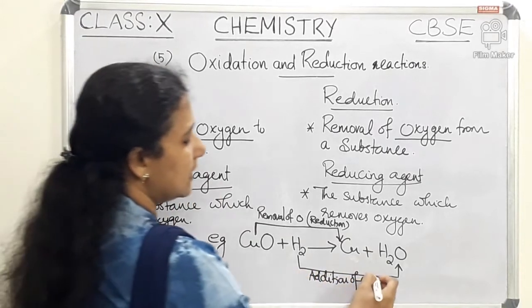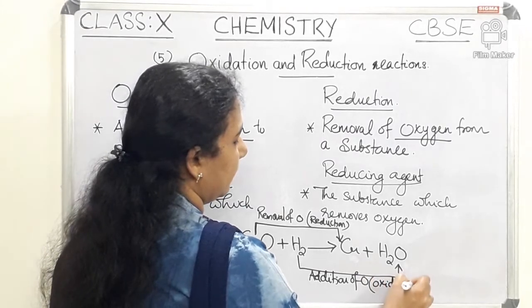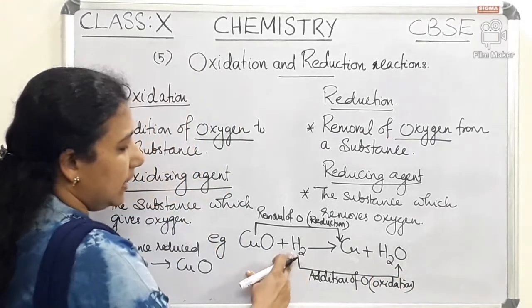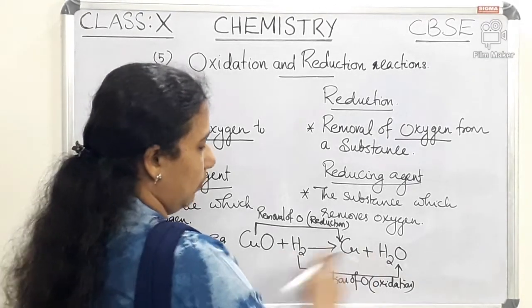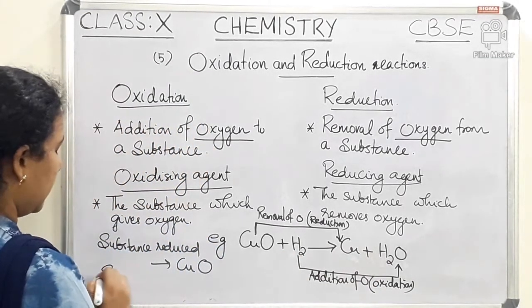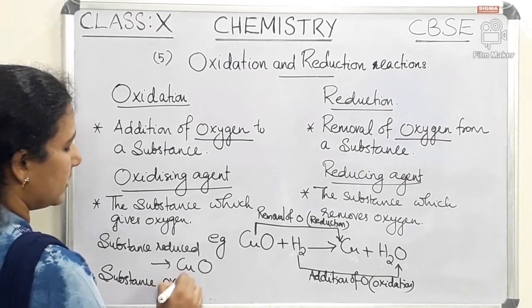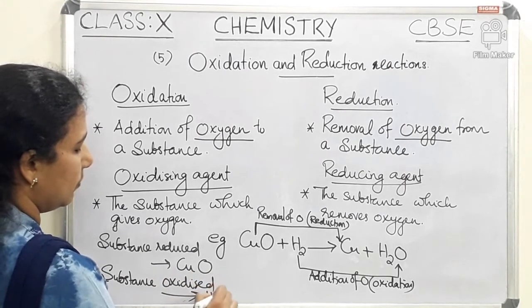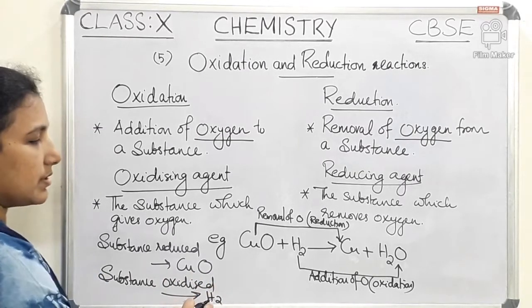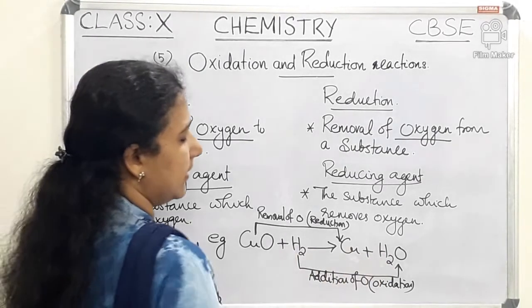So we can say this is an oxidation reaction. Actually H2 is oxidized to H2O. So we can write the substance oxidized is H2. That means addition of oxygen takes place here.